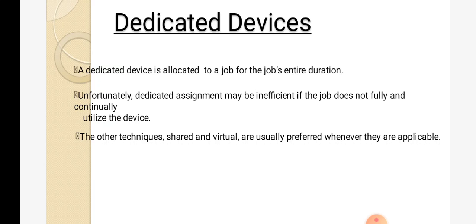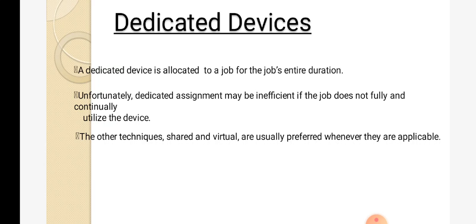A job means if you submit one user program for execution, that is a job. If a device is assigned to one job for the entire duration, that is dedicated.